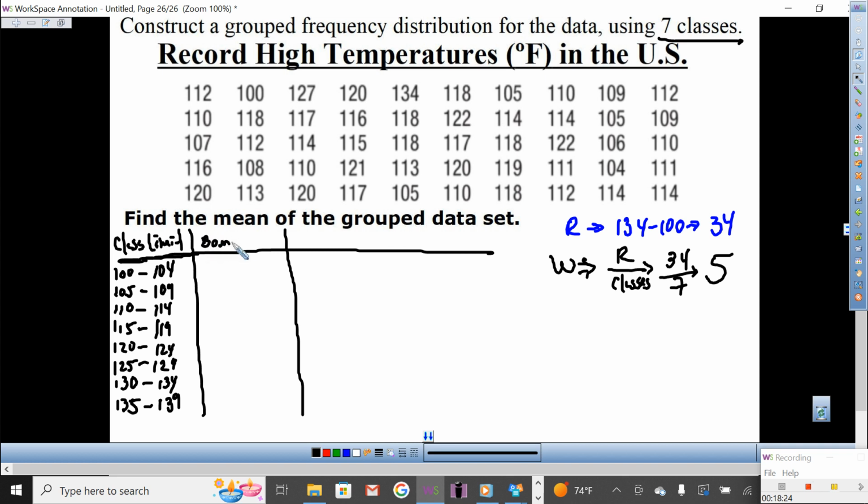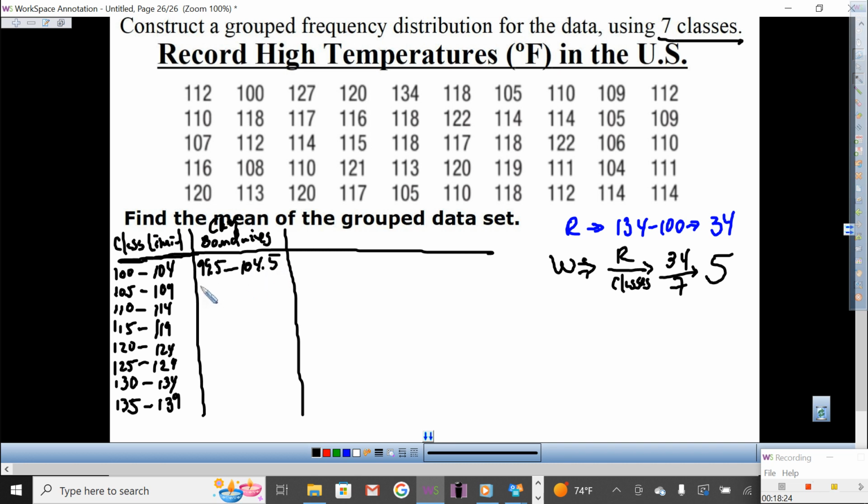Boundaries. Class boundaries. Okay. So, tell your neighbor what to write for the first class. All right, the first class. Melissa, what do I write? 99.5 to 104.5.